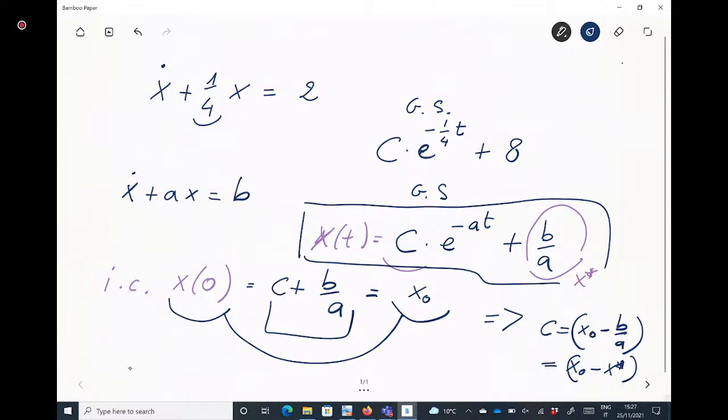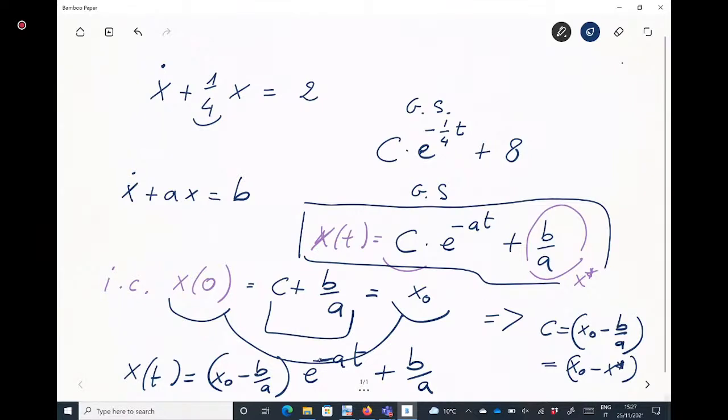So the solution in this case is x(t) equal to x0 minus b over a, or x0 minus x star, times exponential minus at, plus b over a, where b over a is our x star.